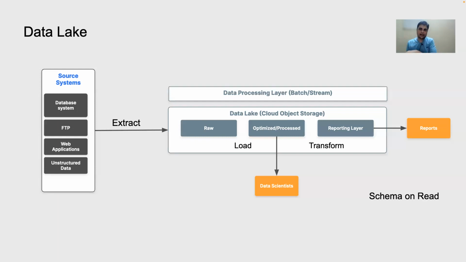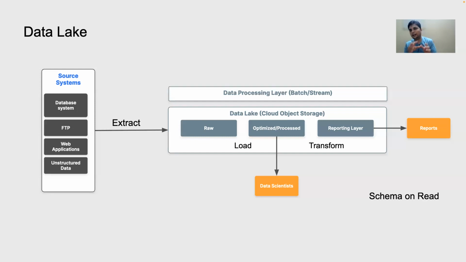Then if reports need to be published or a dashboard needs to be created, they would optionally include a reporting layer. So some reporting requirements are obviously going to be there. So from the optimized layer, there will be another layer, which is again another storage layer in the cloud.